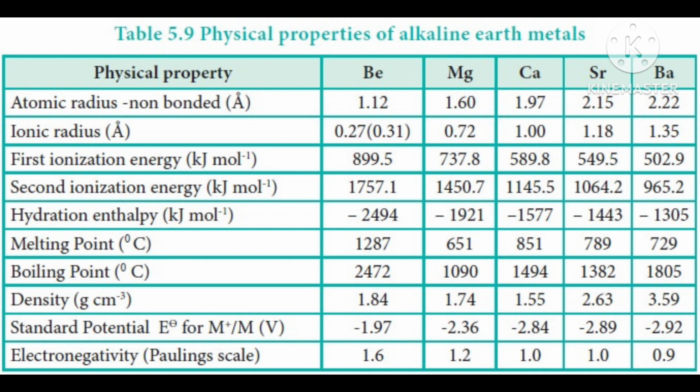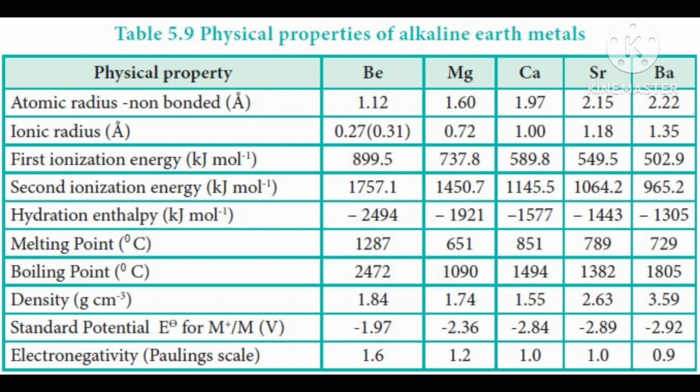The alkaline earth metals in general are silvery white and lustrous, shining will be there, and relatively soft but harder than the alkali metals.